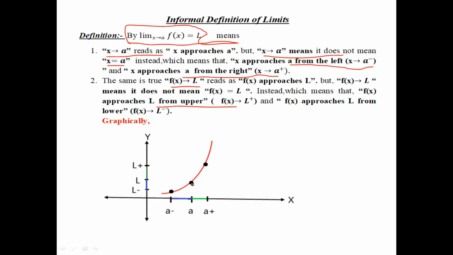If you look at the diagram, we can define this graphically. But bear in mind, x approaches a does not mean x equals a. The same is true, as x approaches a, the given function approaches L.